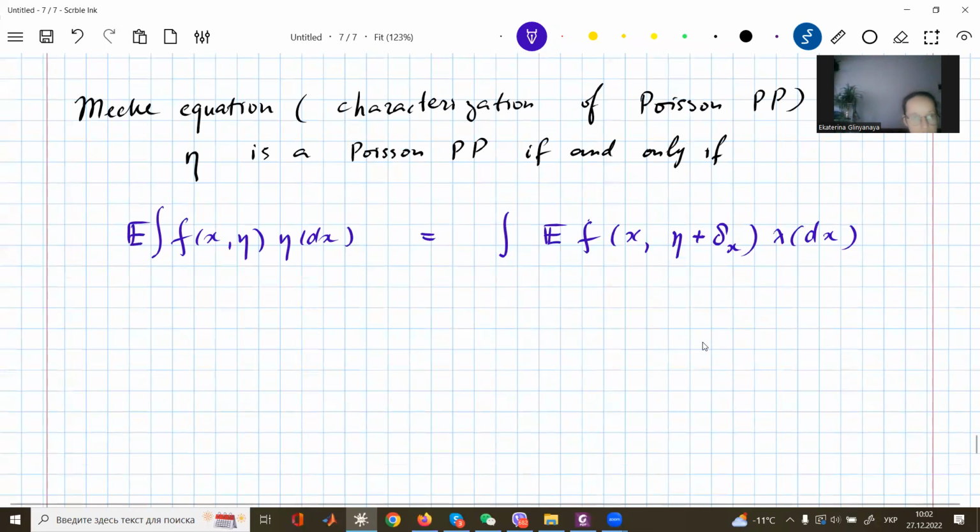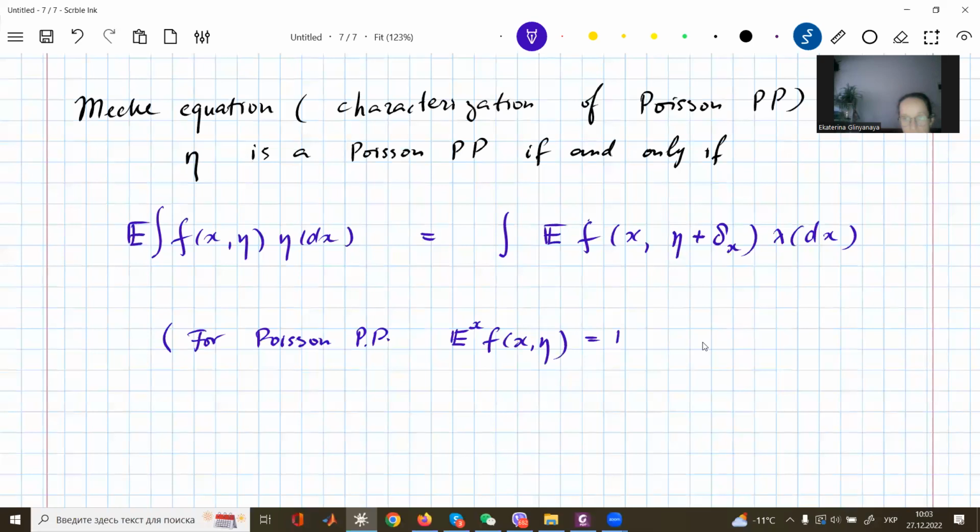So from this, we can say that for a Poisson point process, we know the conditional expectation given that we have a point at position x. This is just, as here, we should write an additional point for the point process itself.